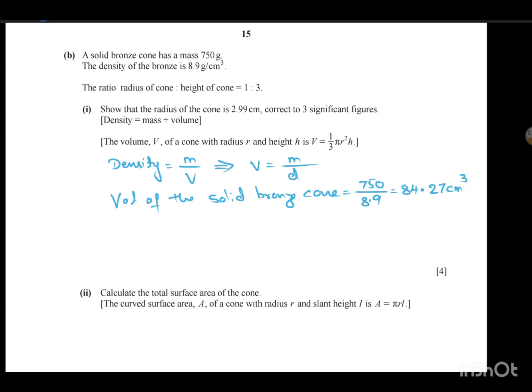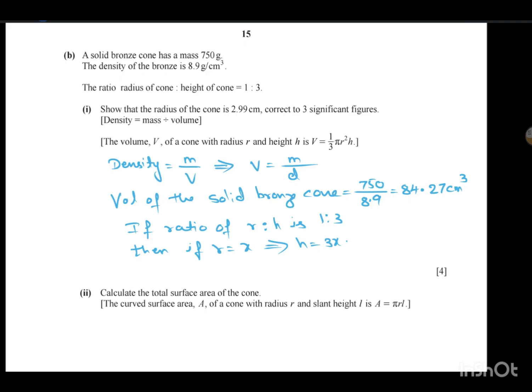Now this volume should be taken and use this formula to find r here. So take the formula: 1 by 3 pi into r square into h. We have to find out the ratio. Take this ratio here. If the ratio of radius to height is 1 is to 3, then if r is equal to x, then h will be 3x.